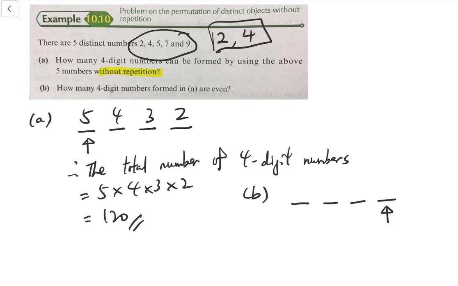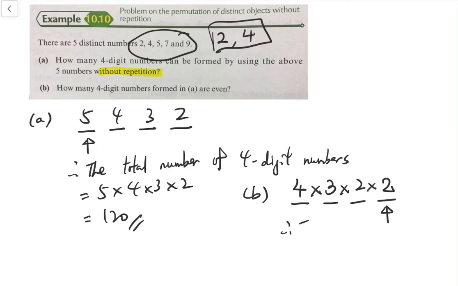So here, if we want the 4-digit numbers to be even, then the last digit must be 2 or 4. So we can only have 2 choices to be put in the last digit. Imagine after you put this number, then you have 4 numbers left. It can be put as the first digit, and you get 3 after you put this, and then you get 2 finally.